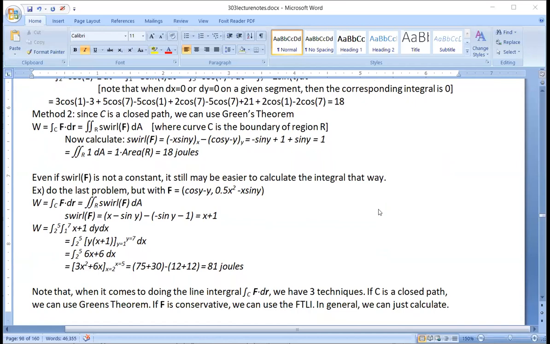What you've previously seen is that if the vector field f is conservative, then you can use the fundamental theorem of line integrals. And if neither of those conditions is true, then it's just a vector line integral, and you just calculate by hand using parameterization.